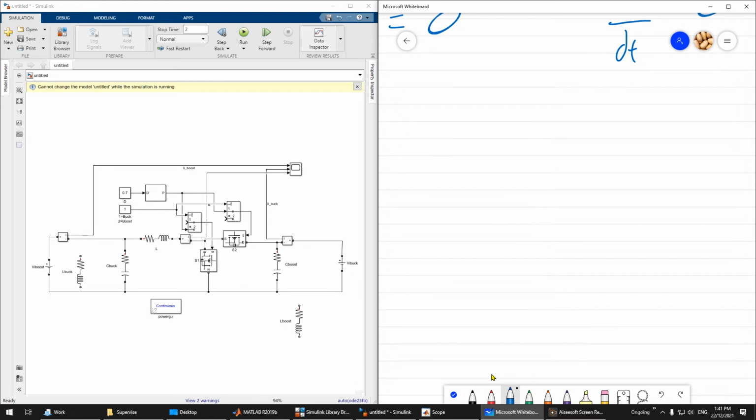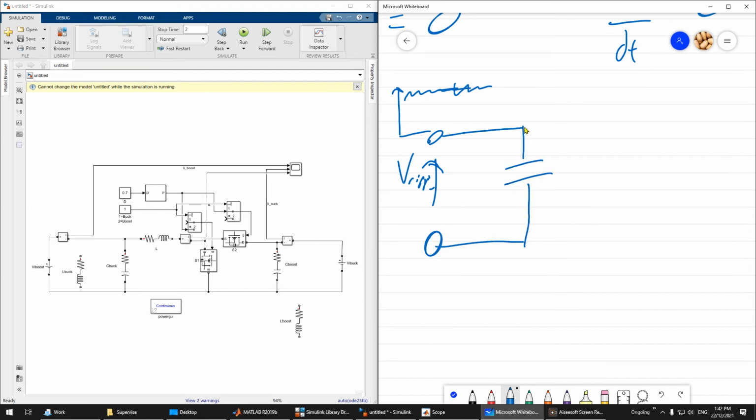So you have a source here, for example, V ripple. Basically you have a DC component and an AC ripple. You have a capacitor, an inductor, and a voltage source, plus minus.